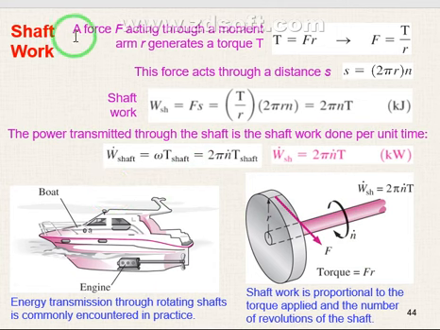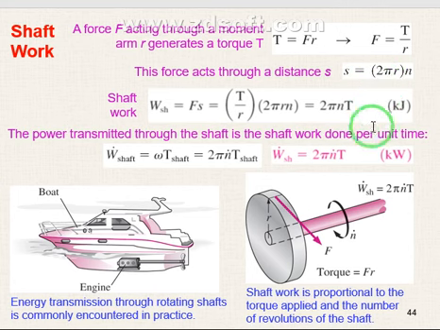So shaft work is a force acting. If you imagine a force F acting through a moment arm, the radius is r, so we'll generate a torque equal T that way. This is the equation, right? So here we have the force acting. What is the distance that the force is acting through? It's the diameter, right?